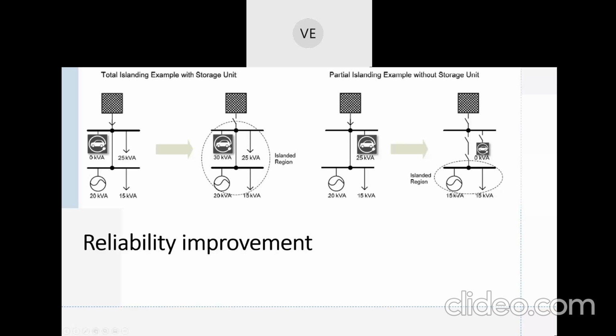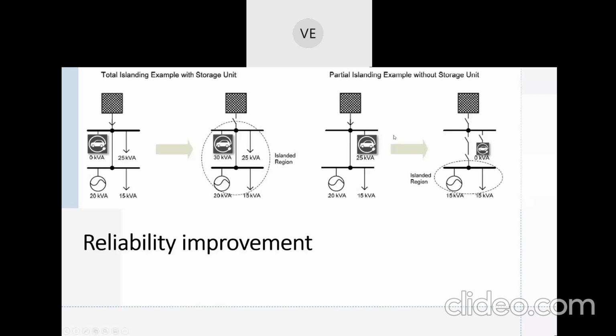Now, when we are going for partial islanding, suppose full islanding is done, what happens is the total load is 15 plus 25. If there is no load flexibility for this particular load, then 15 plus 25 will be 40, and only 15 is locally produced.